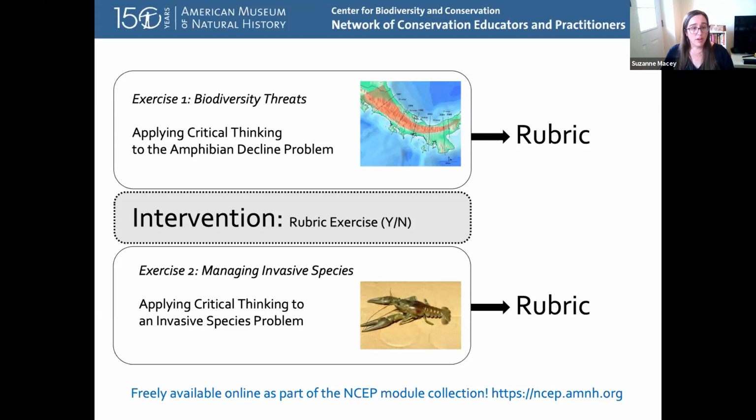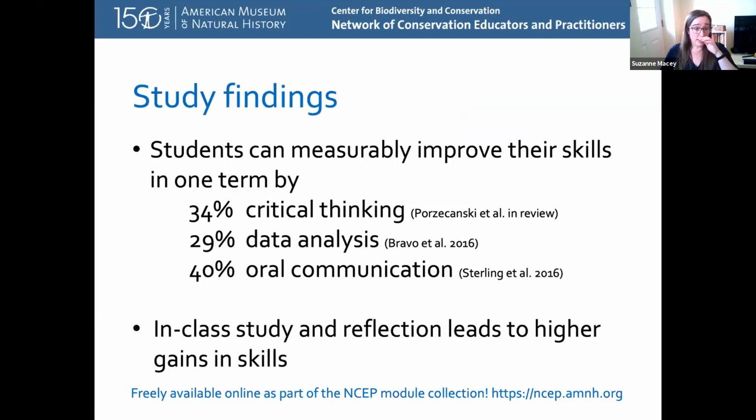When comparing those who had the intervention or not, students who had that intervention, where they got to reflect on what it means to do critical thinking and reflect on their performance of the exercise, showed a 34% improvement in critical thinking. We also did it for other skills like data analysis and oral communication.